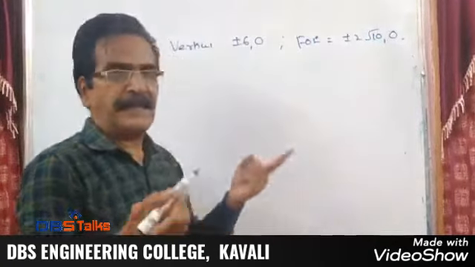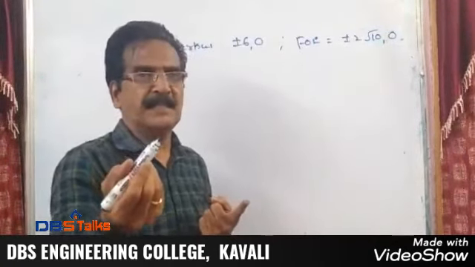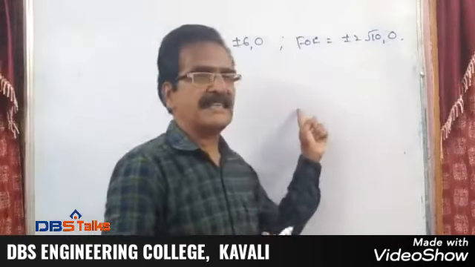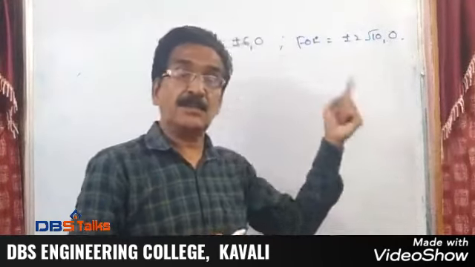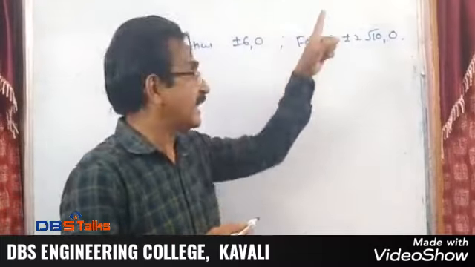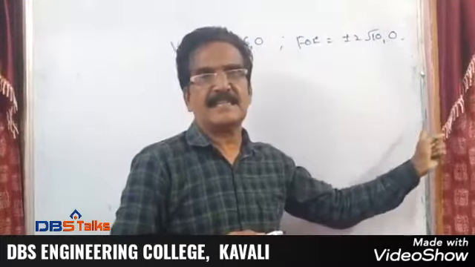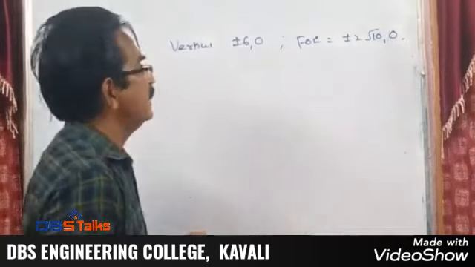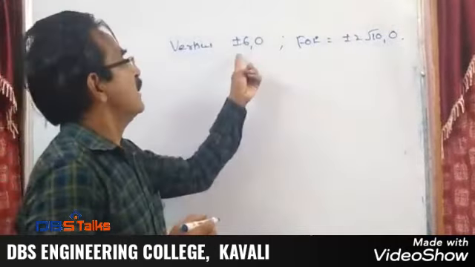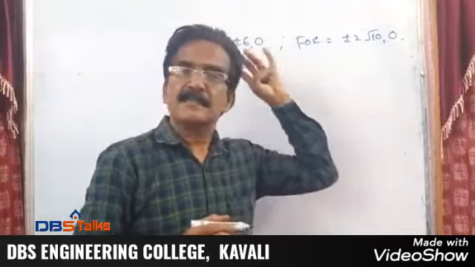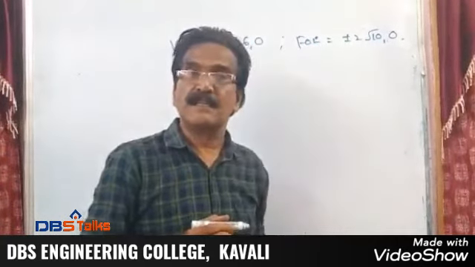Because plus or minus a, 0 means the transverse axis is the x-axis, while 0, plus or minus 6 means the transverse axis is the y-axis. So here the x-axis is the transverse axis. Okay, friends, these are the given data.